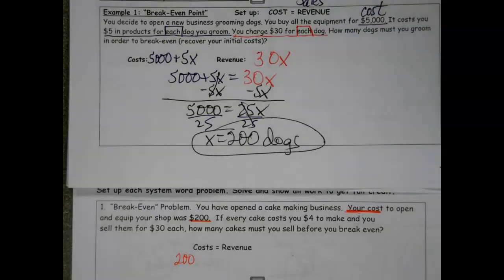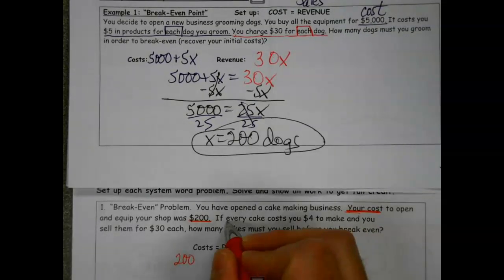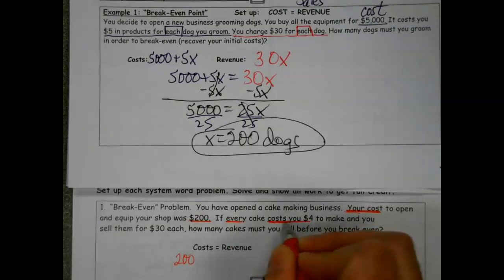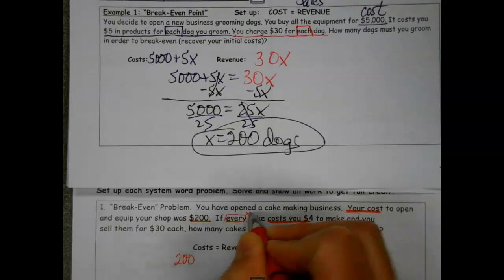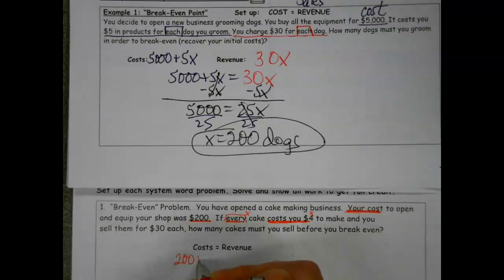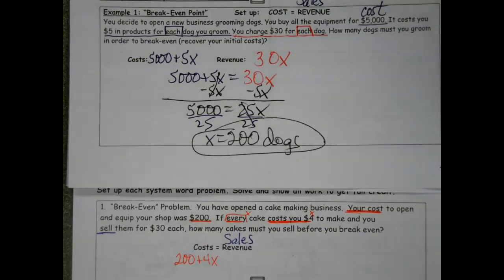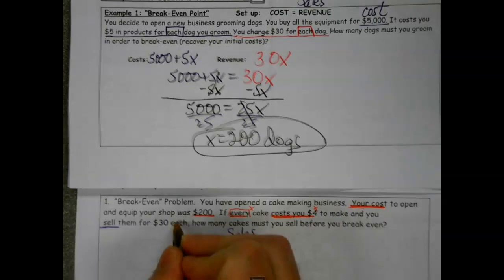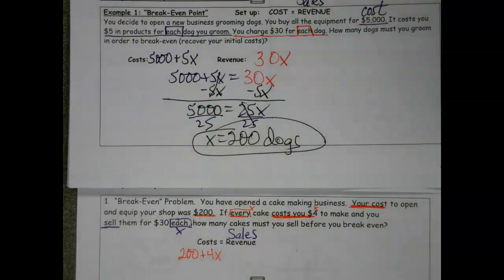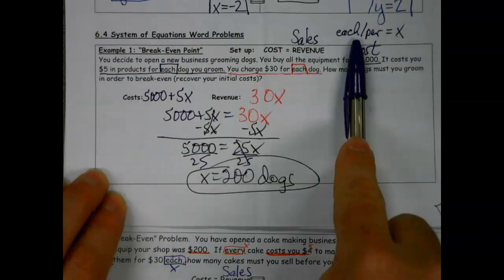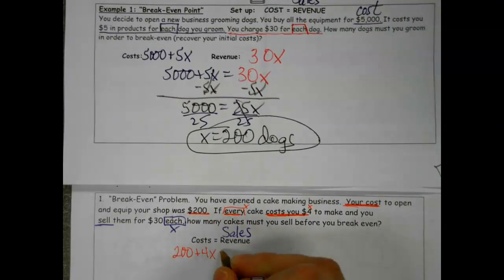If every cake costs you $4, put the X with it. Every cake, again, cost to make, and you sell them. Revenue, sales, same thing. For $30, oh, there's the magic word, each. See, we got it right there. Each, or per X.